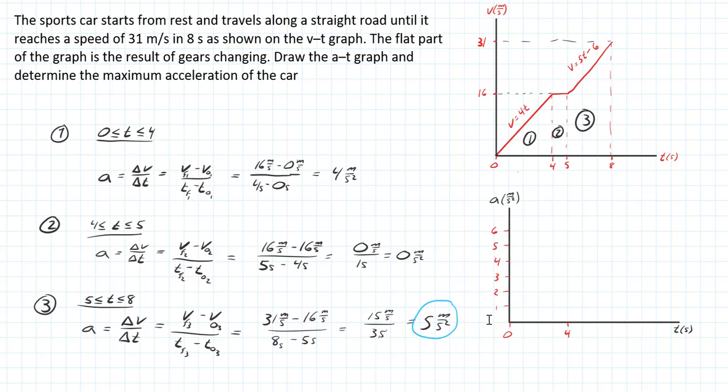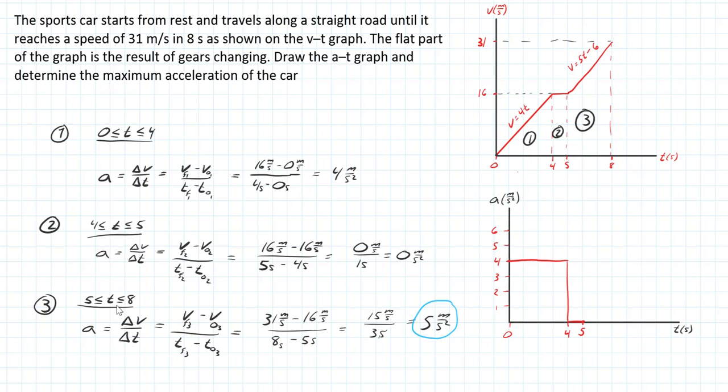Okay, so we have a constant acceleration that's going to be maintained from 0 to 4 seconds. And then we saw from 4 to 5 seconds, we have an acceleration of 0. So we're going to drop this all the way down, and we're going to keep it at 0 from 4 to 5 seconds. And then finally, our acceleration increases, and we have an acceleration of 5 meters per second squared, from 5 seconds all the way to 8 seconds.